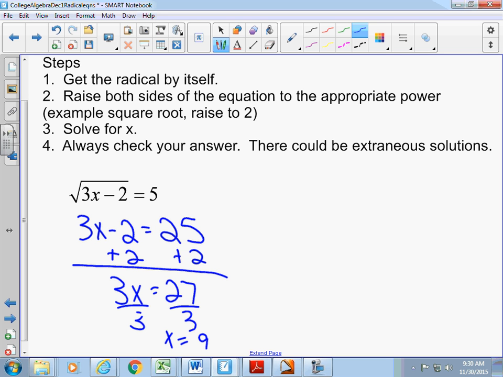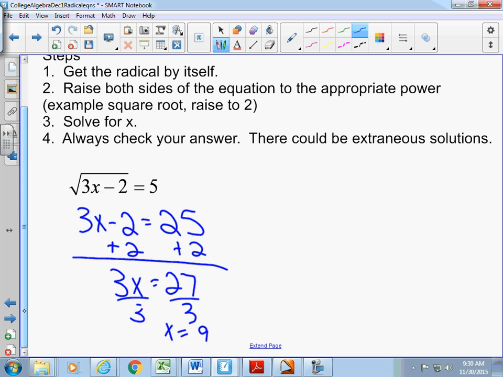Check it. 9 times 3 is 27. 27 minus 2 is 25. The square root of 25 is in fact 5, so we are good. Any questions at all? So you don't square the actual radicals, just square both sides.